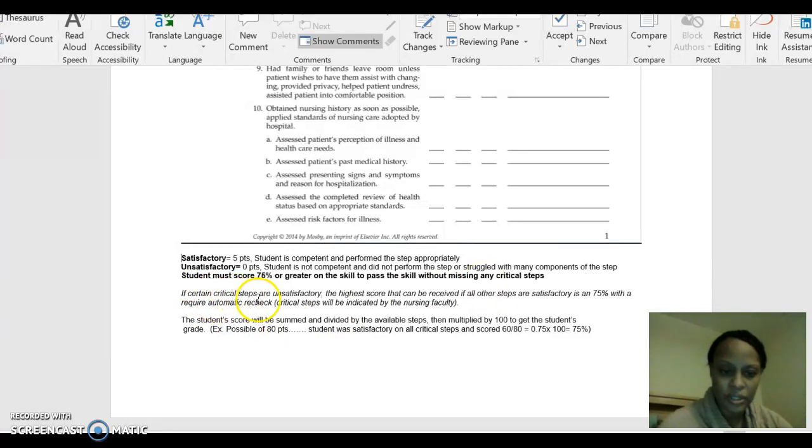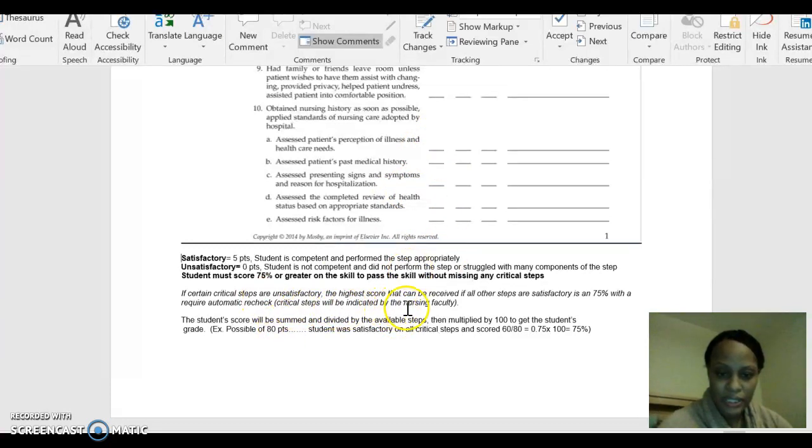If certain critical steps are unsatisfactory, the highest score that a student can receive is a 75%. However, it's an automatic required recheck. So the student can go through and receive a 75, but they still have to recheck if they do everything right and just miss a couple of the steps that are not critical.